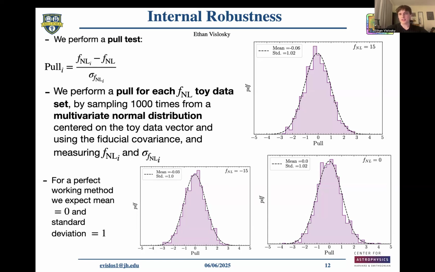And in each of these, we see this is very well replicated in our data. When we test on the -15, 0, and 15 toy data, we reproduce a perfect normal distribution for each of these cases with standard deviation of about 1 and no bias.